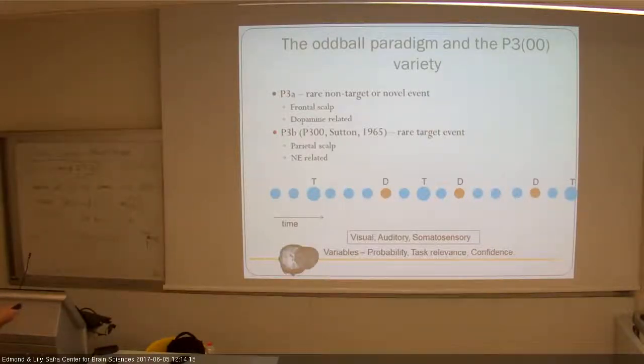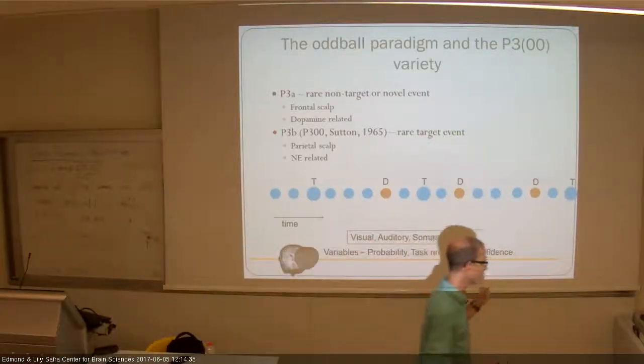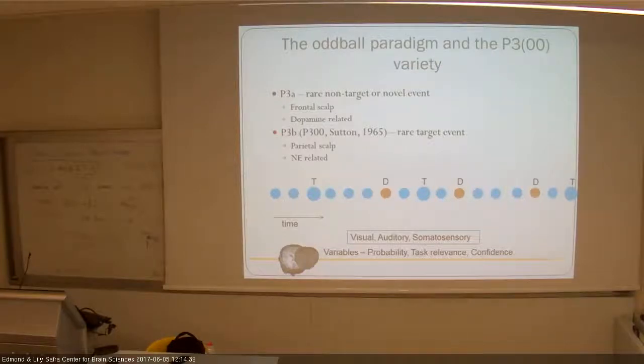But it's called P300 because the initial description by Sutton and others was in a specific paradigm using auditory stimuli, and in their hands the P3 appeared at 300 milliseconds, so they called it the P300. As I said last time, it's better not to adhere so much to the specific latency, because if you do it in a visual paradigm, or with other subjects, or the target is more rare and so on, the latency changes. So we'll call it P3A and P3B.